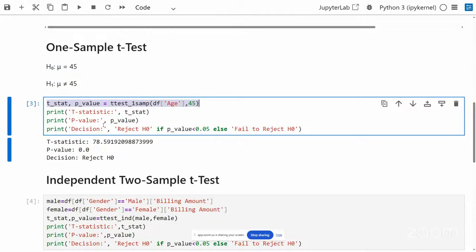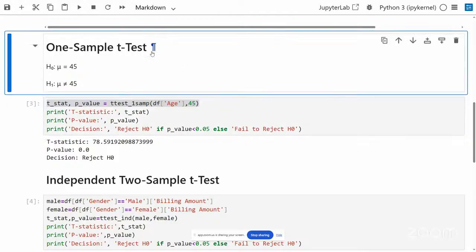So for every type of test, when you apply it, you will always get two values at the same time. Here we are using the t-test, so we use t-statistic, comma, p-value. For all types of tests, a p-value will be there, and we always compare the p-value.